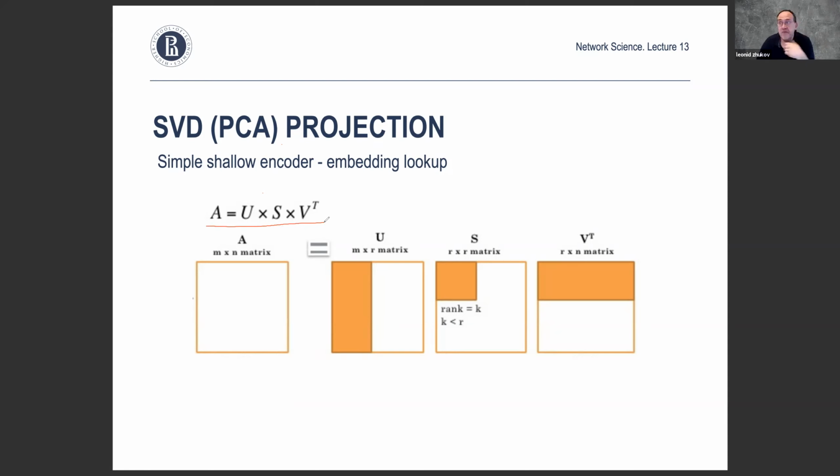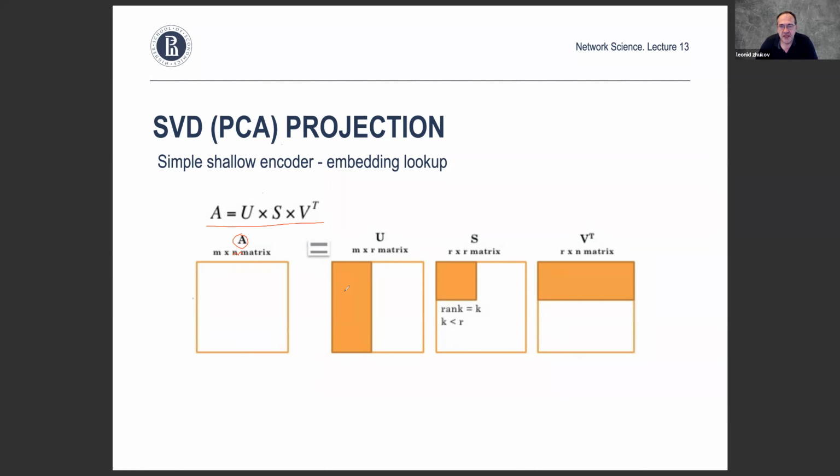That's why it's also called a matrix factorization type of approach, and we briefly talked about it last time. Imagine that we have an adjacency matrix, and here it's just shown for m by n, but it's square if it's the adjacency matrix, and you can write this matrix as a product of three matrices, U, S, and V transpose. And this factorization is called singular value decomposition, right?